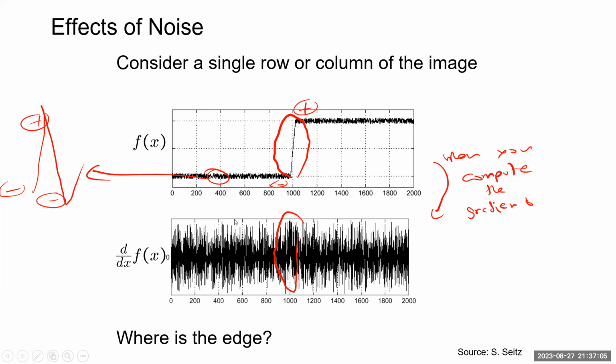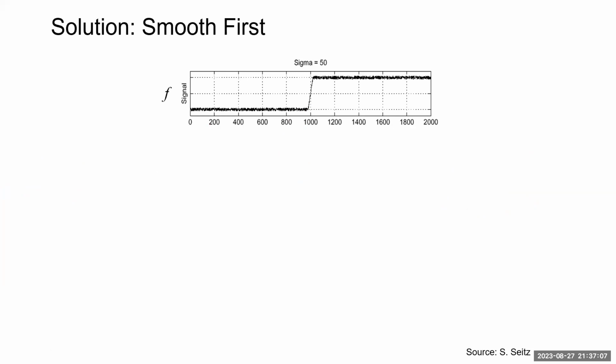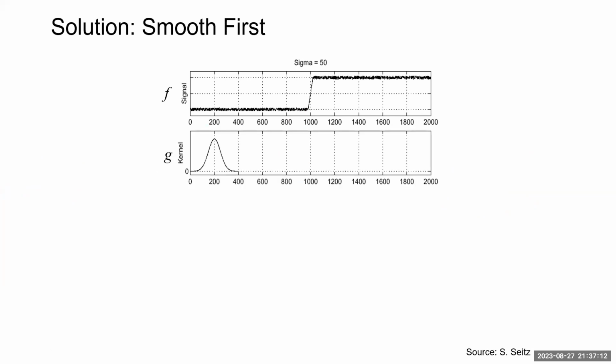The obvious solution is that we have to smooth first. We have to blur the image first. This is the noisy signal, so we use a Gaussian kernel. This G is Gaussian, so I will write the steps.